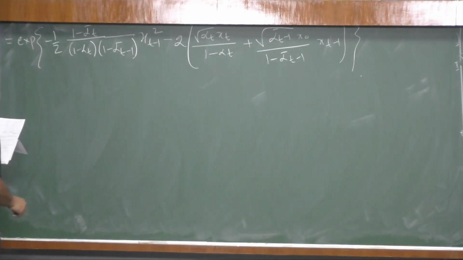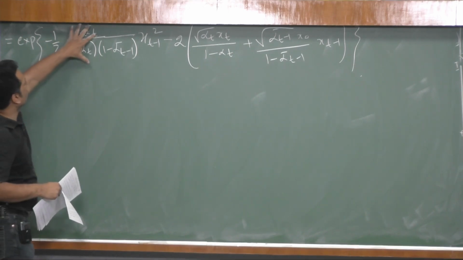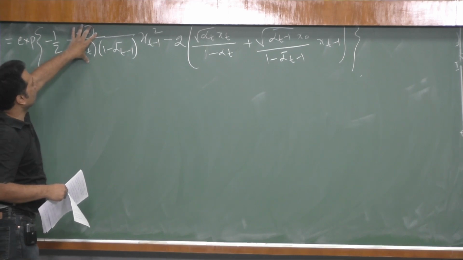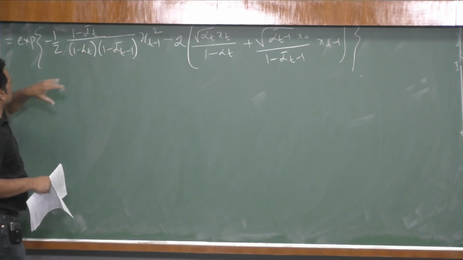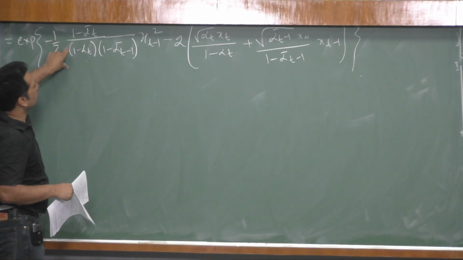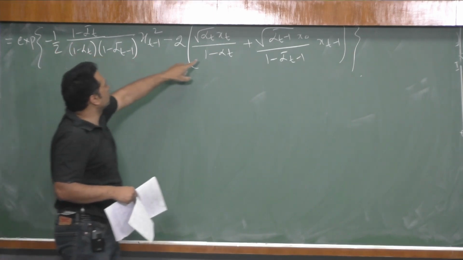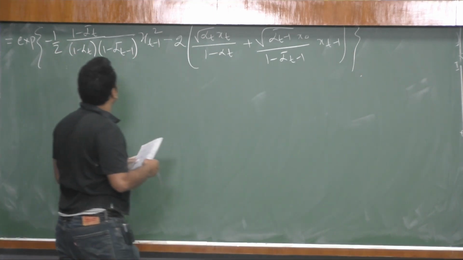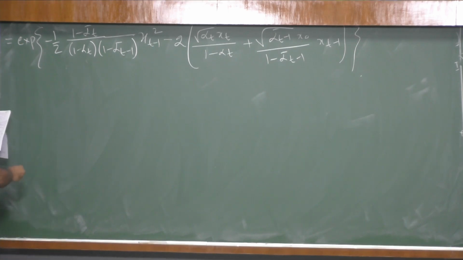Okay, and then the next step, what I will do is I will take this guy common, okay, and common through everything. Okay, so then yeah, so some changes will happen here and here. Okay, so let us do this.